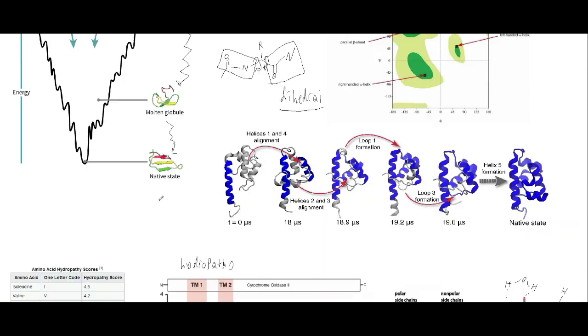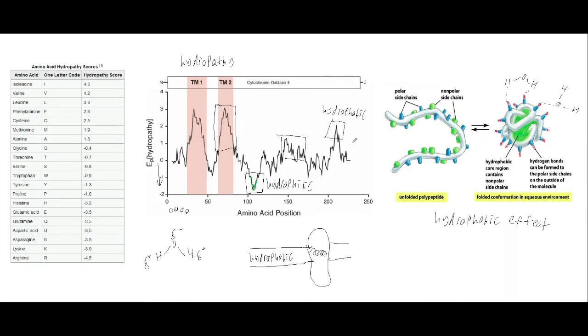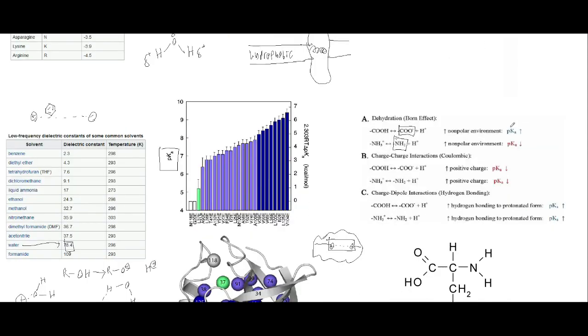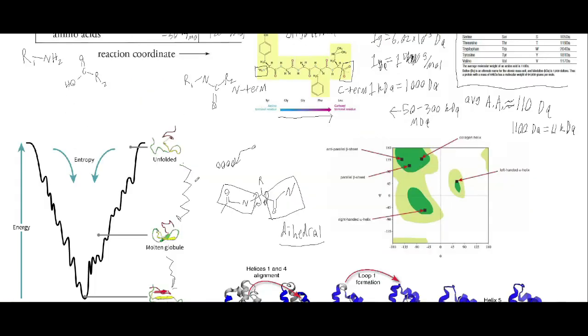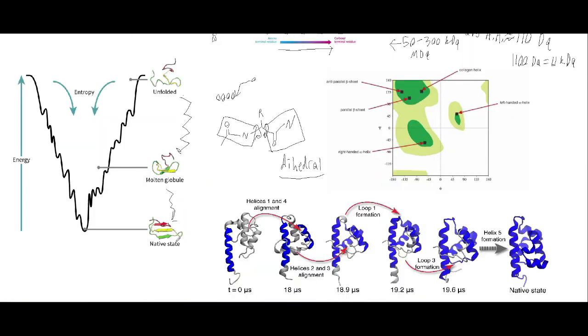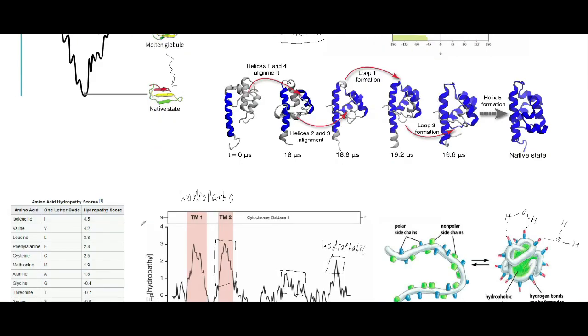And the reason we can do that is because of this hydrophobic effect, which is going to give us this more stable, very ordered form, and because of the hydrophobic effect, we can also get these ionic bonds, which are going to be stronger on the interior because of this hydrophobic environment. And so those are two ways that our protein can stabilize itself into this more ordered state here.